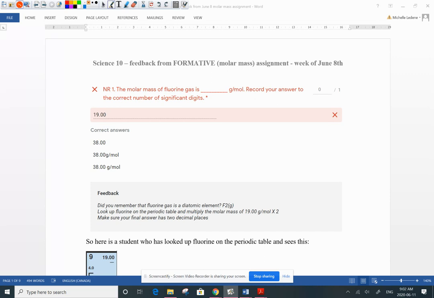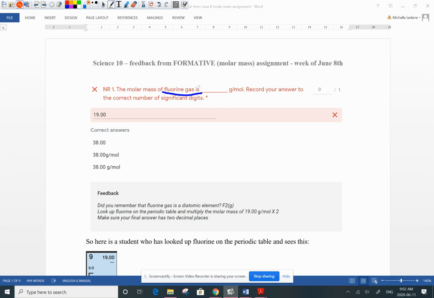We learned this week about molar mass, and one of the common errors that students make is not having the correct formula. If you don't have the correct formula written down, then your molar mass won't be correct. Here's an example of a student who was asked for the molar mass of fluorine gas.